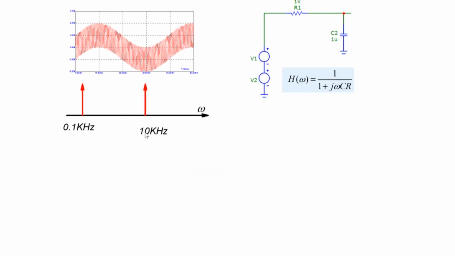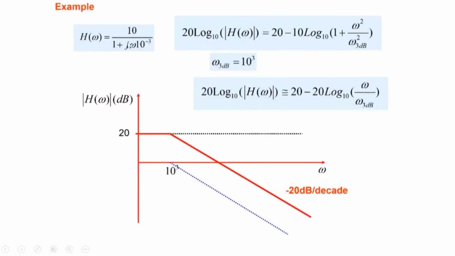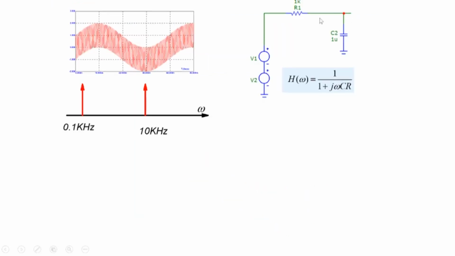Okay, all right, so let's see the usefulness of the plot that we just obtained, and of the circuit that we just made, and how we can use that particular circuit.